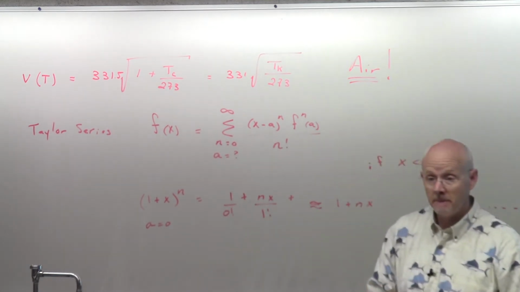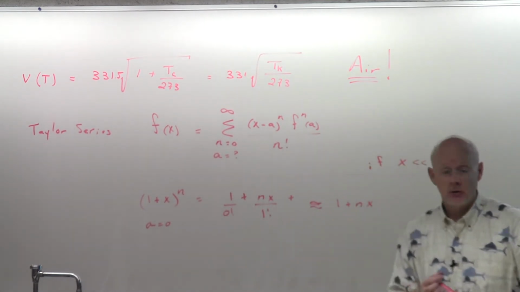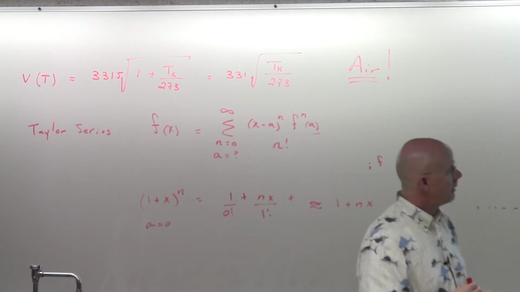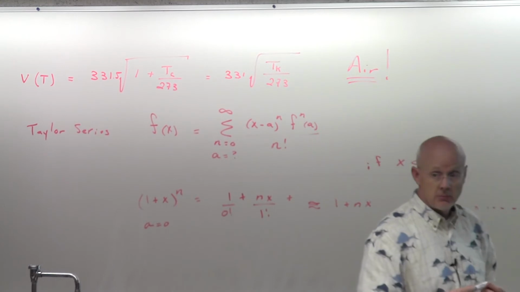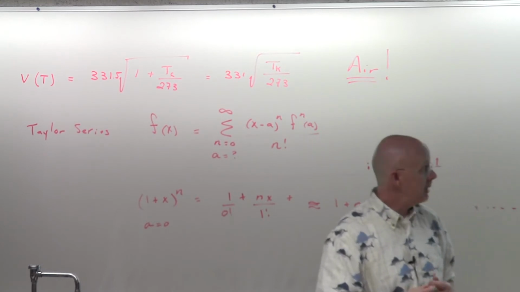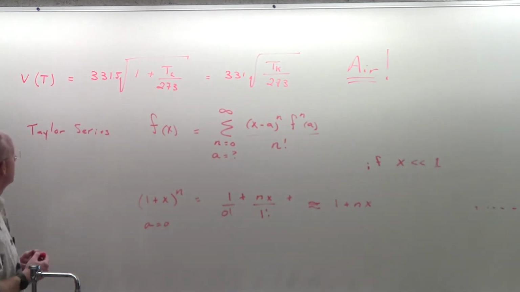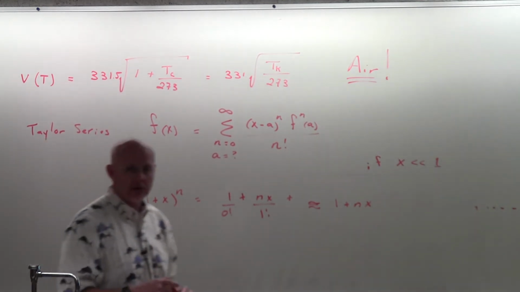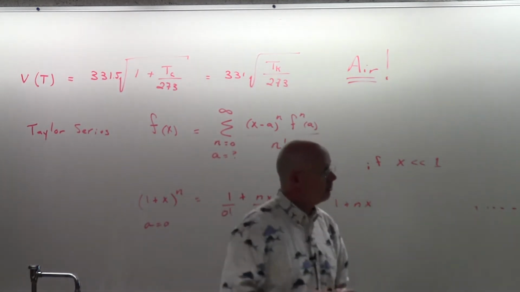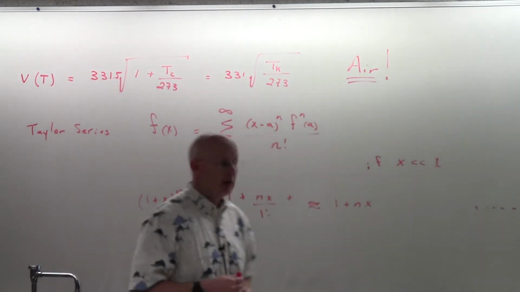Wouldn't I? Yeah. Are you asking? Well, doesn't it say that 0 degrees Celsius would be 331? You get 1 plus 0, which is just 1. Square root of 1 is 1. Right. You get 331.5. Oh yeah, okay, they're rounded. They did not include the next significant figure.